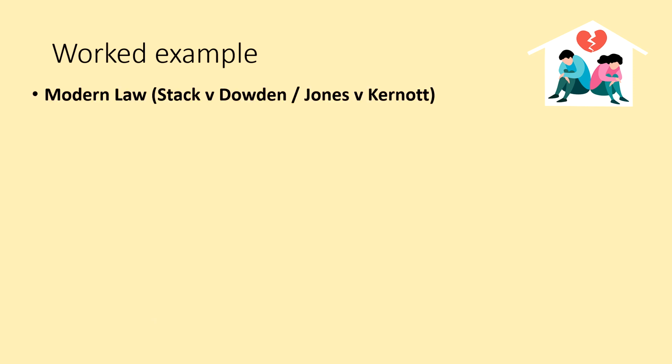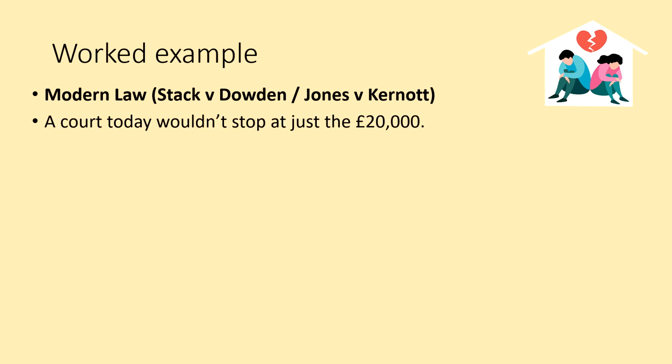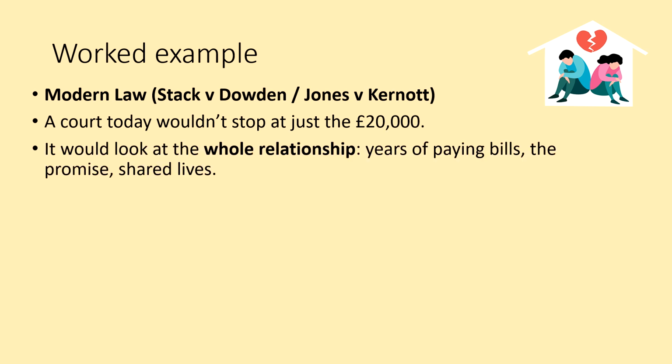Now, those are the two ways we historically use to look at that. So it's fairly limited. Modern law now, under cases like Stack and Dowden or Jones and Kernot, looks at things even beyond those financial contributions and so on.